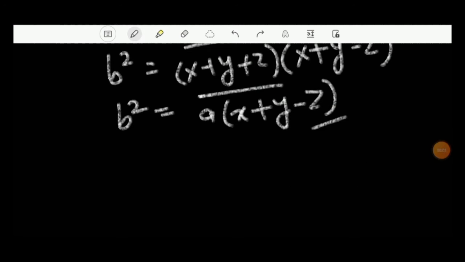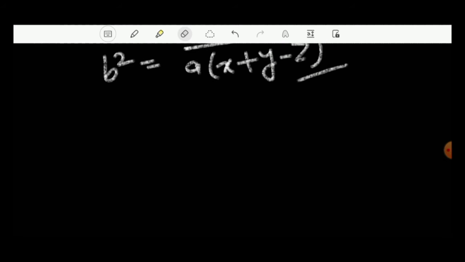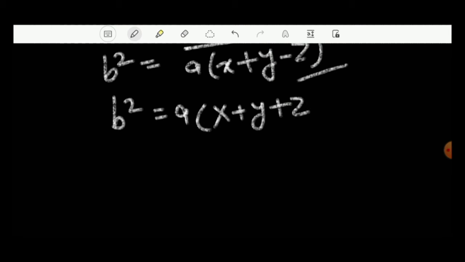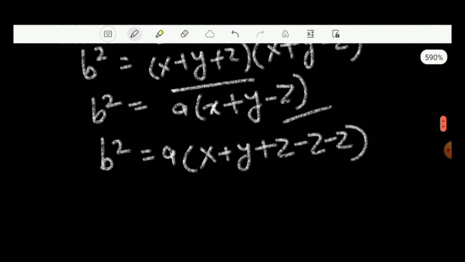And from this step we will do a bit more manipulation. We can say b square is equal to a multiplied by x plus y plus z minus z minus z. So we can rewrite it in this form.